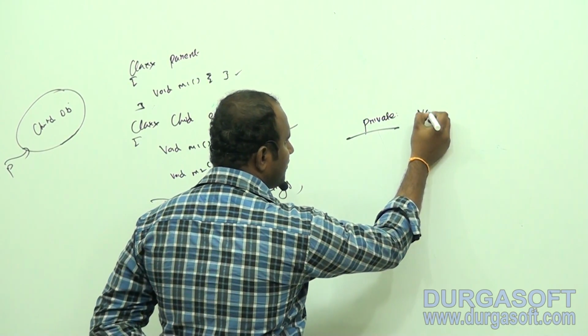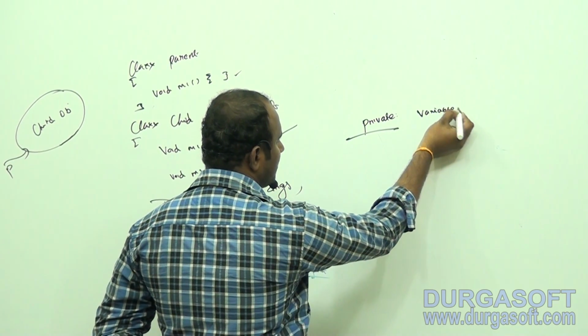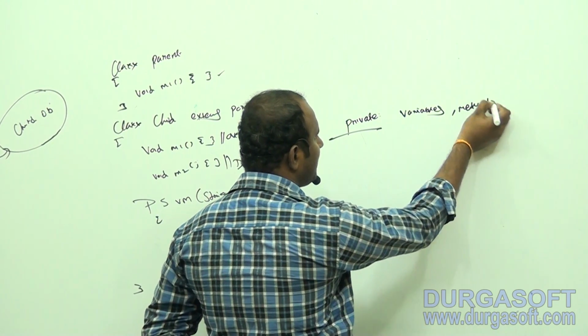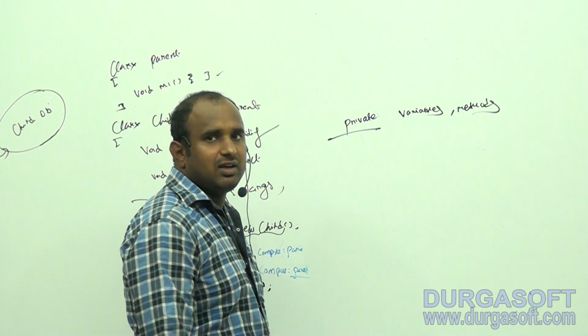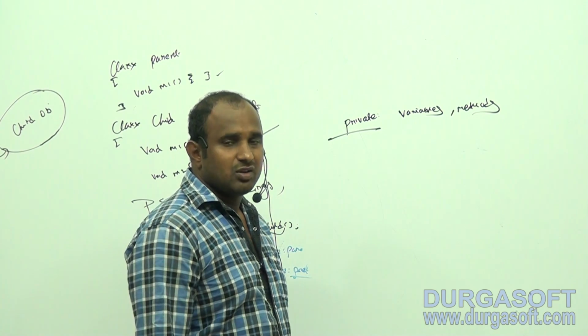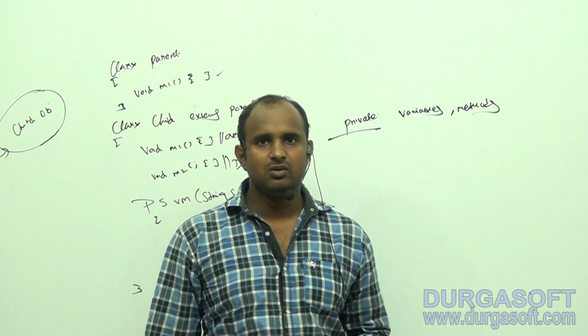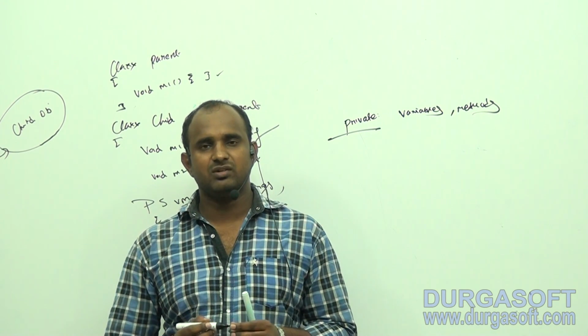Private is applicable for variables and private is applicable for methods. So private is a modifier applicable for variables and methods. The most restricted modifier in Java is private. What is the permission of the private?